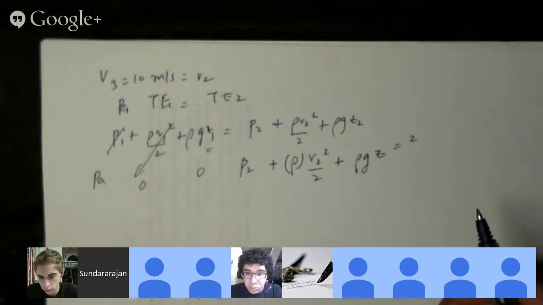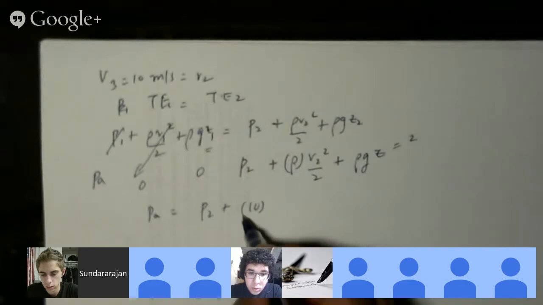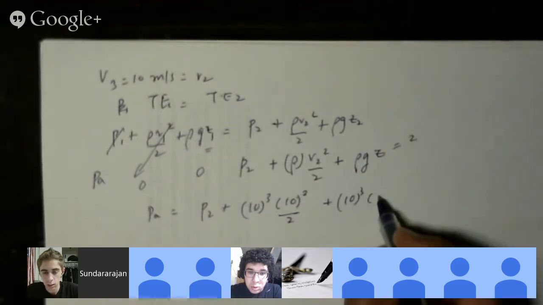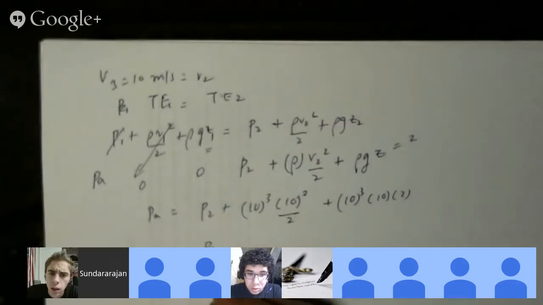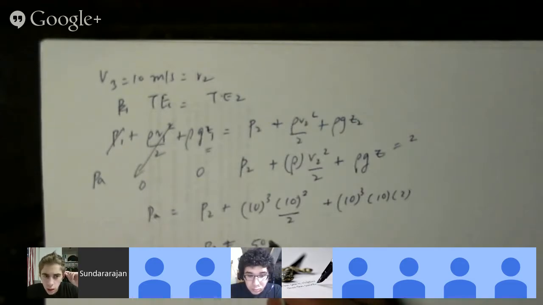So I get P atmospheric equals P2 plus rho 10 to the 3. This is 10 squared over 2 plus this is 10 cubed, this is 10 and this is 2. Okay, so that is P2. 10 squared is 100, divided by 2 is 50. So 50 times 10 to the 3.